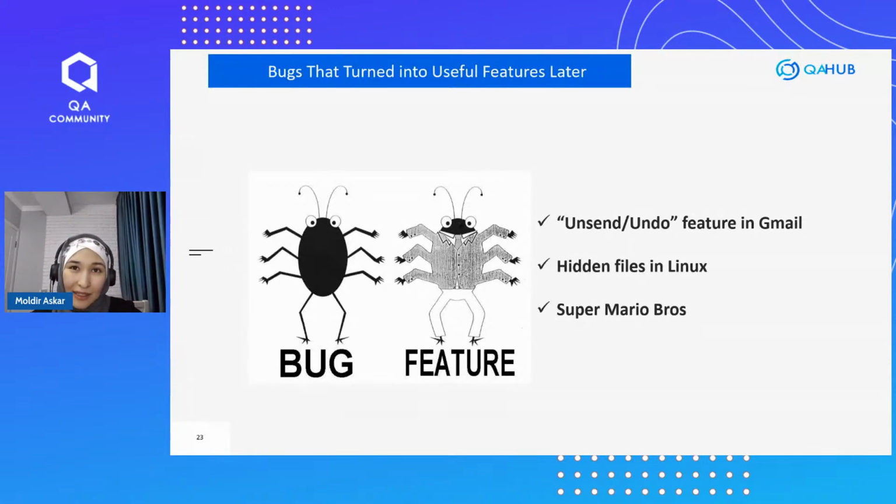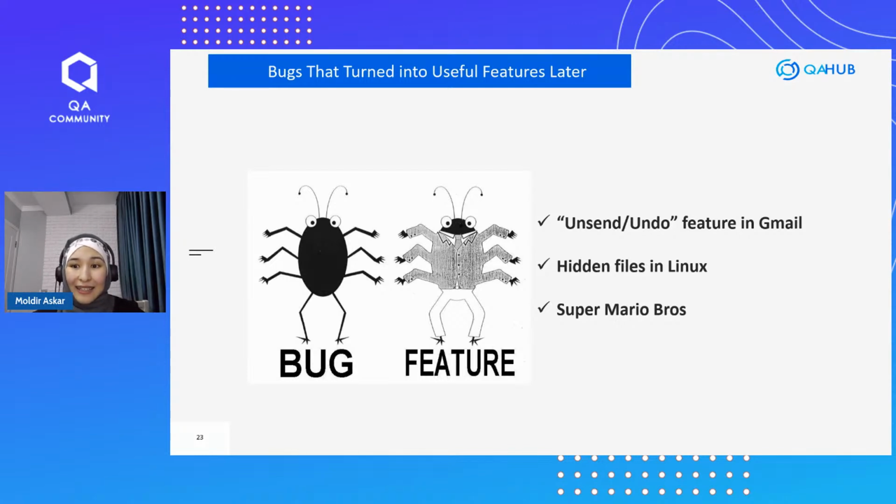In the slide you can see three examples. The first is from Gmail, the unsend feature, which has saved me several times. For example, Gmail takes 5 seconds to process an email. This life-saving feature was originally a bug, but the team found a nice way out by converting it into a useful feature.